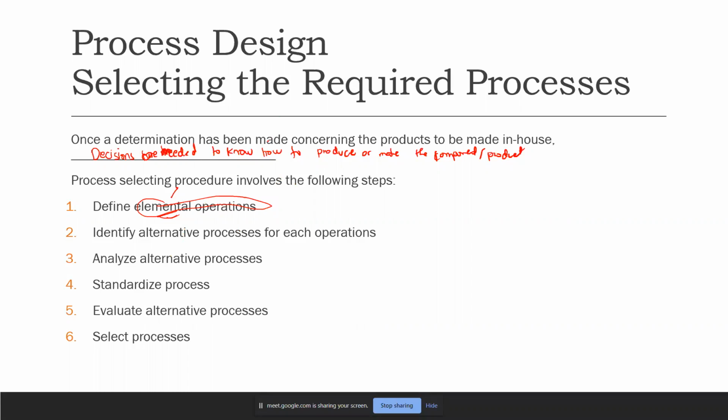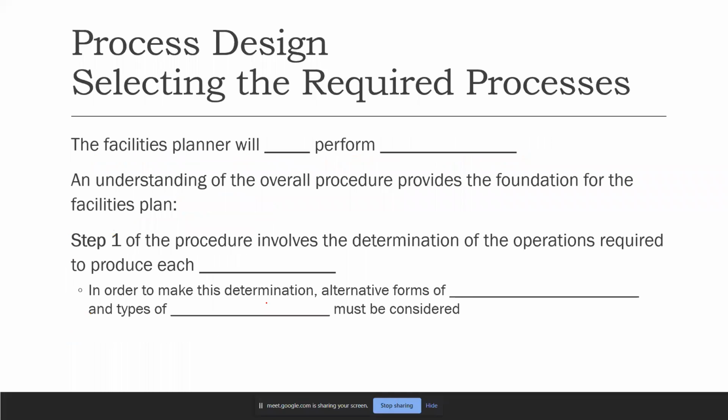Bibili ka na ng pre-cut plywood and then konting smoothening, kumbaga. Yun, yung mga alternative processes. And then you could also evaluate those alternative processes if better ba siya other than your initial process. And then you standardize it, evaluate those alternative processes, and then select the processes.